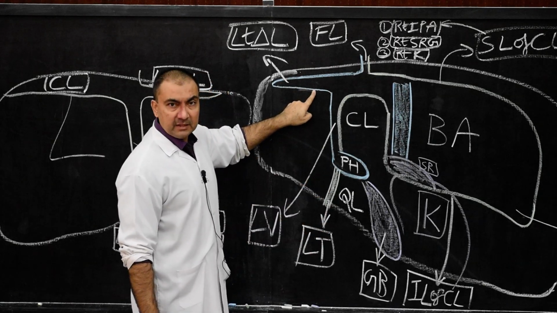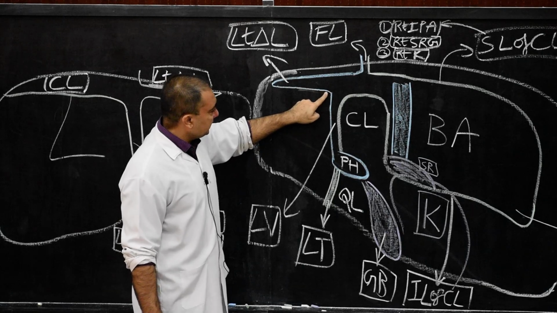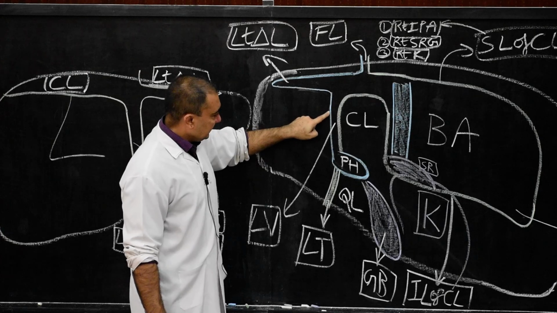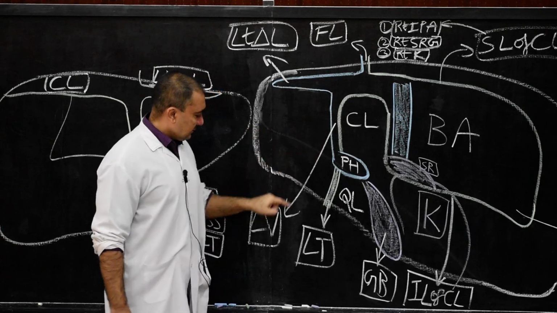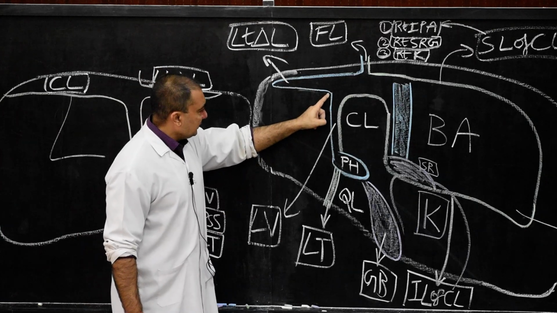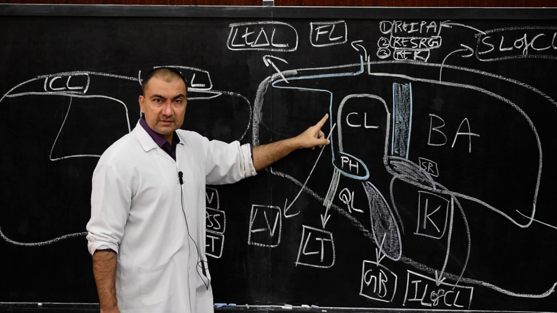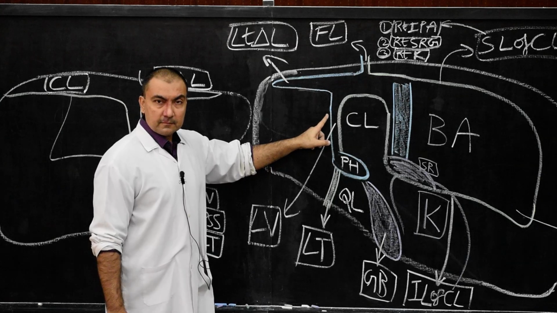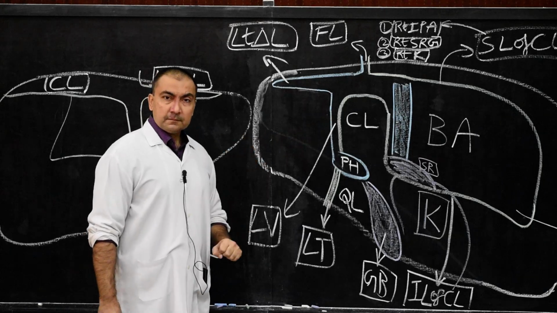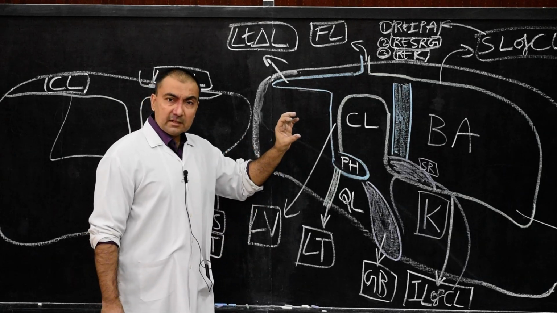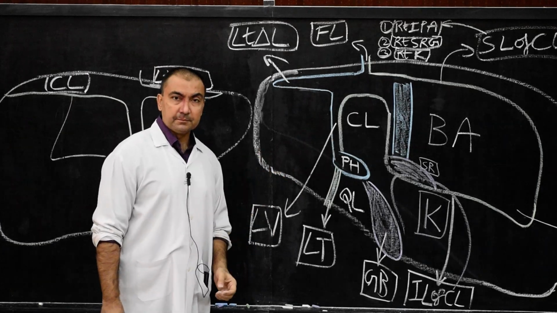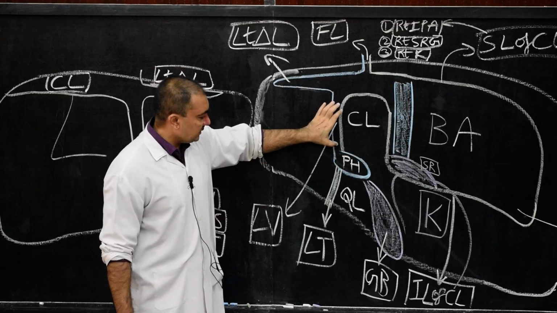Now we come here. The lower part of the left triangular ligament will continue downwards as ligamentum venosum. So the lower layer of left triangular ligament will continue as ligamentum venosum. And it will form the anterior layer or upper part of lesser omentum, because lesser omentum will be attached over here.